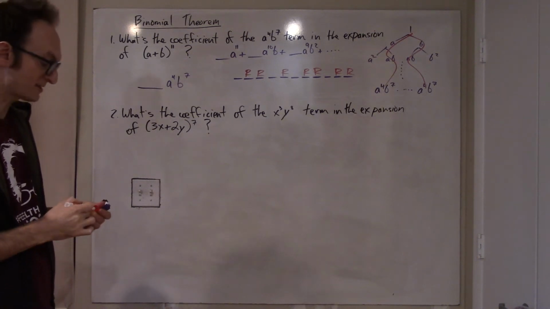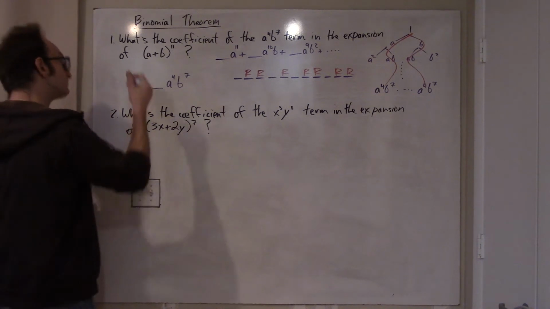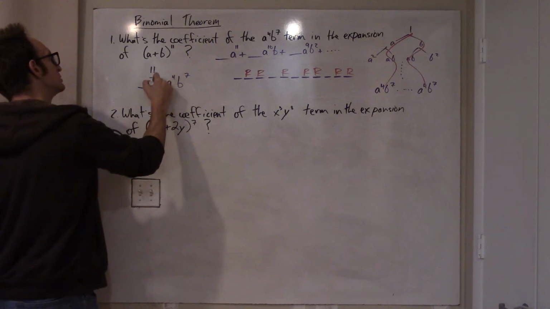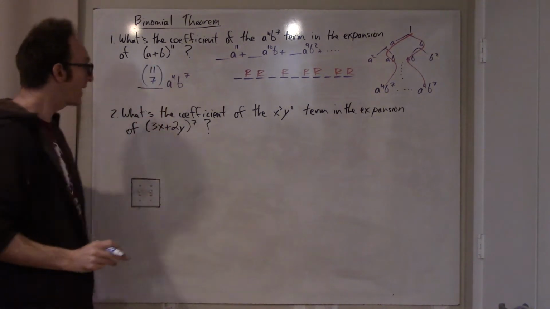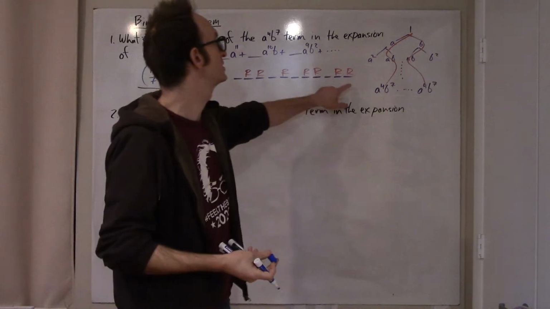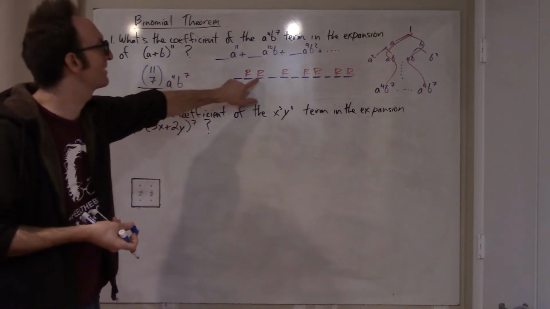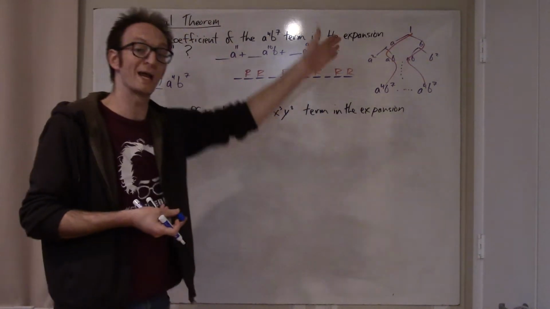So the answer is that there are, and now I just give the answer to the problem, 11 choose 7 ways in your 11 choices to designate 7 of them to be go-right choices.